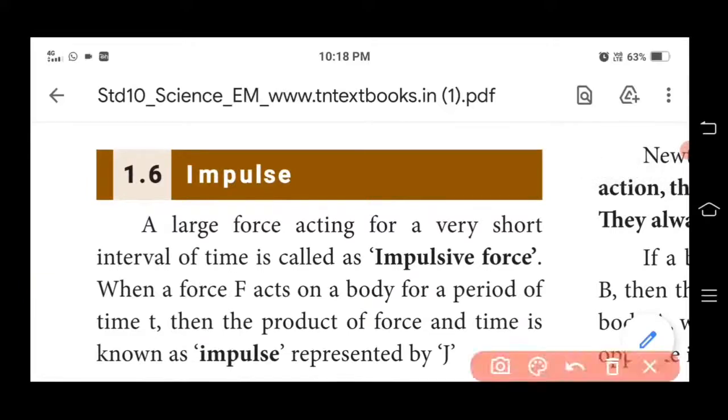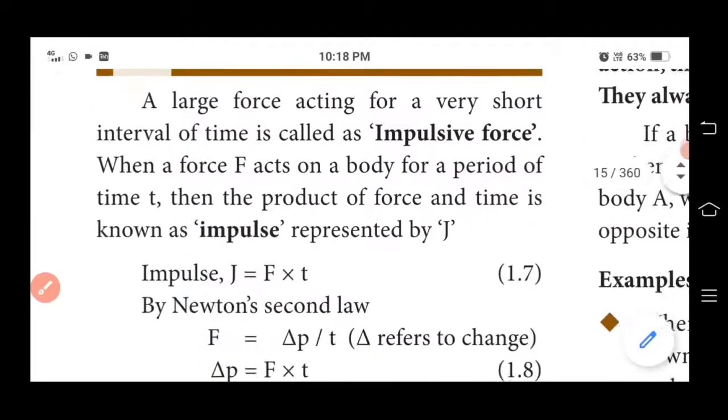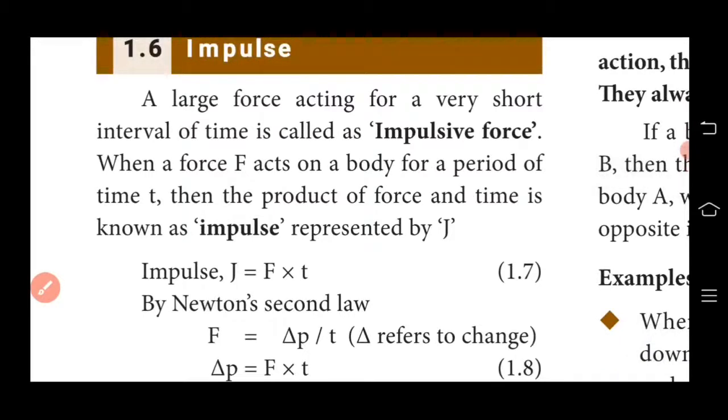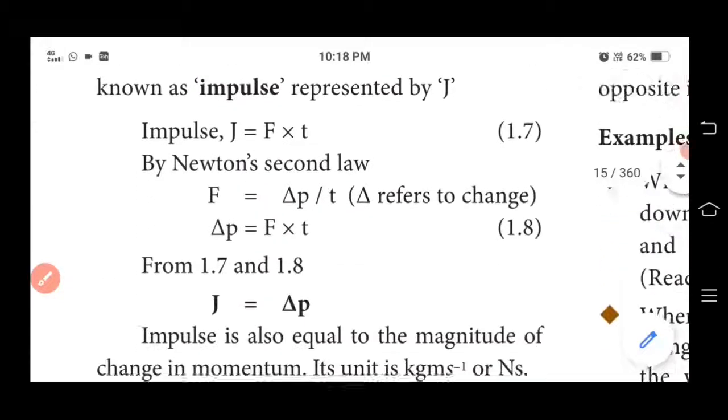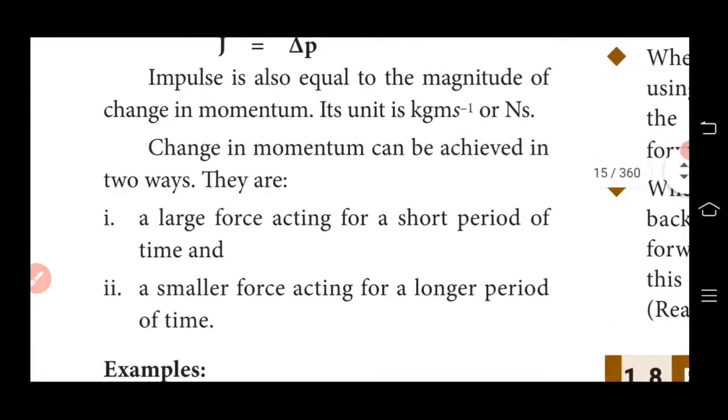A large force acting for a short period of time is called impulsive force, and it is denoted by the symbol J equal to F into T. There are two ways we can achieve impulse.